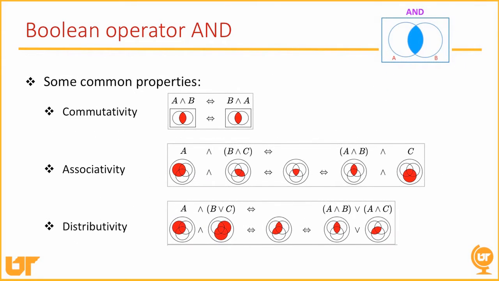Some common properties of the Boolean operator AND. The commutative property: the commutative law states that changing the sequence of the variables does not have any effect on the output of an AND Boolean operation.